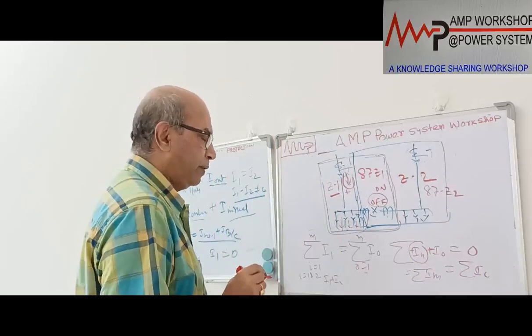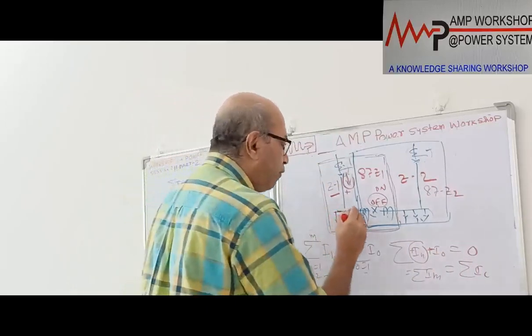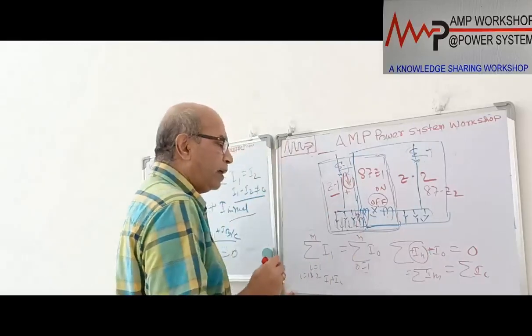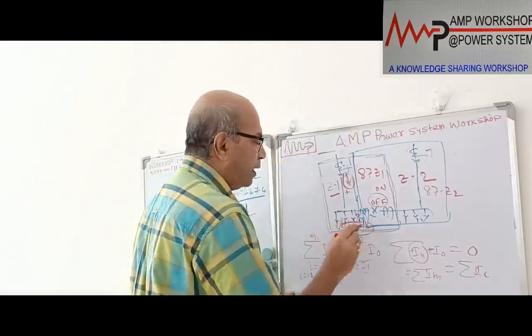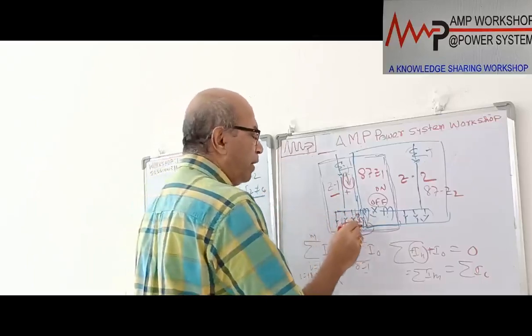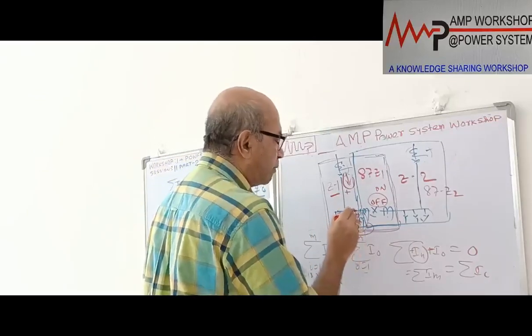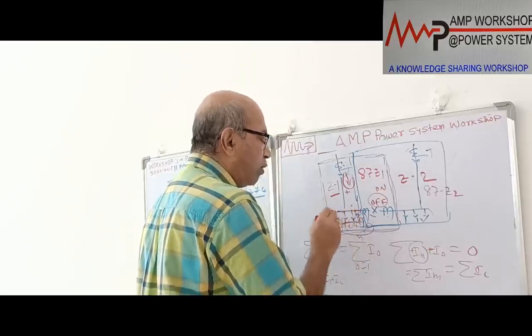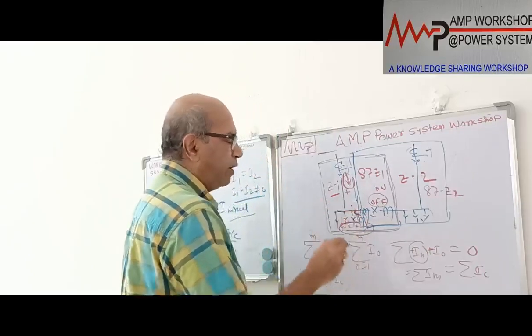But the moment there is a fault over here, as I discussed already, the normal feeders will not draw any current, because if there is a bus fault, the bus will go under voltage due to high current flowing from the bus to the other phase or ground.